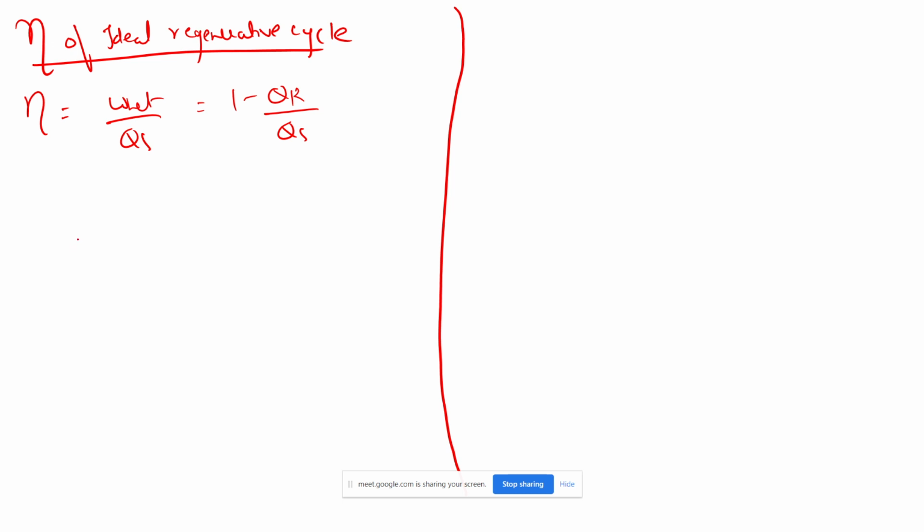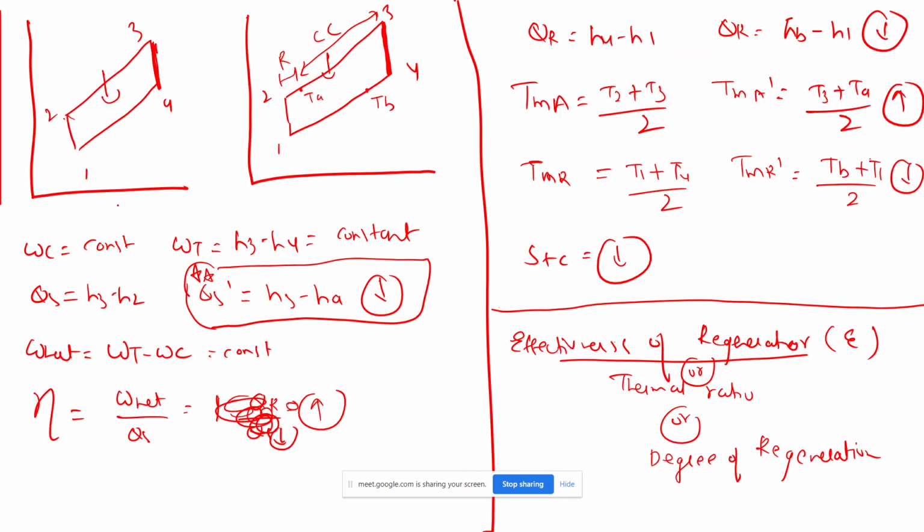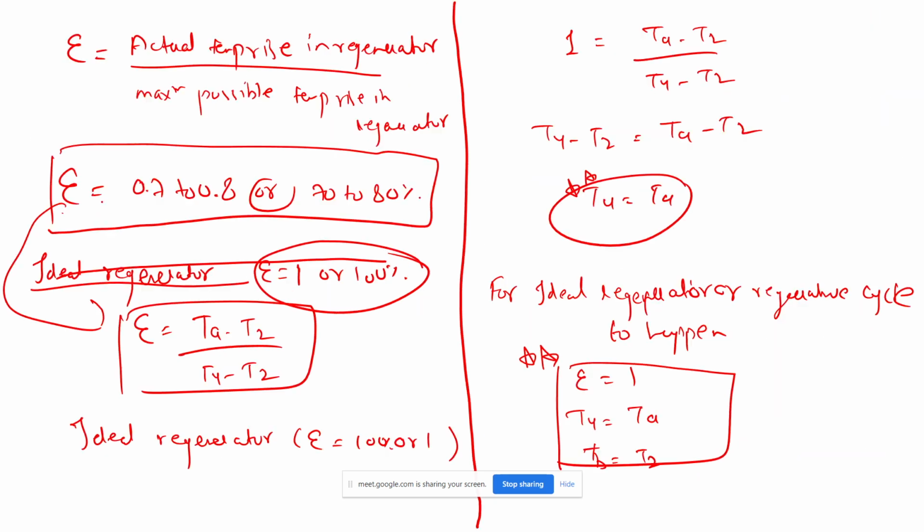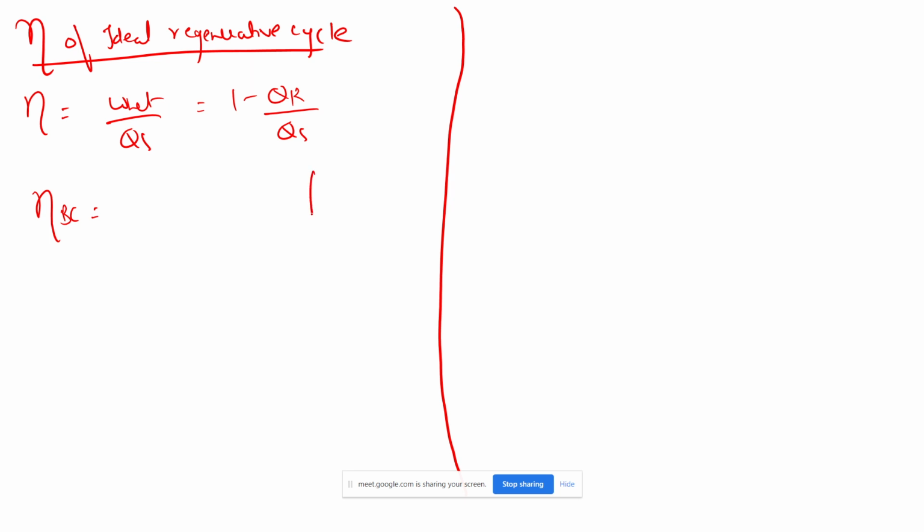Yes, sir. Okay. For a Brayton cycle, what efficiency can we write? Tell me from this diagram. Wait, I'll draw a diagram here because it will become confusing. 1, 2, 3, 4.